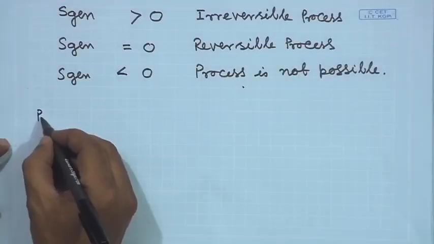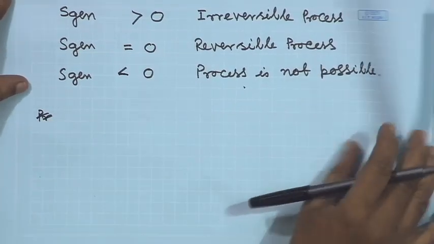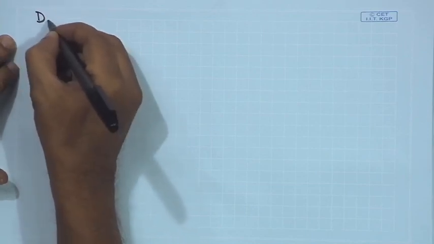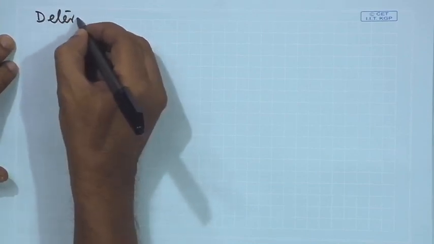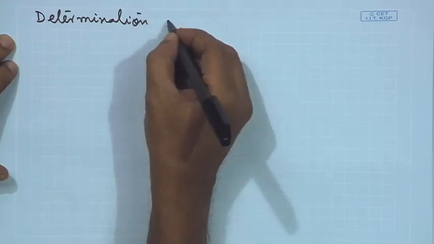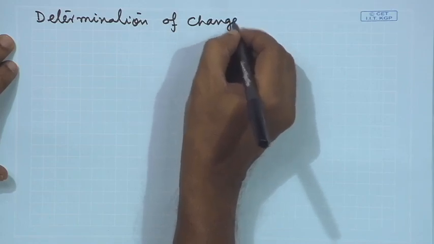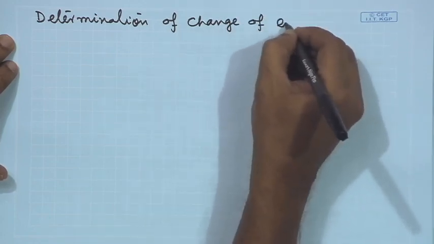The relationship combining the first law and second law one can get. Let me start with a new slide and let me call it determination of change of entropy.